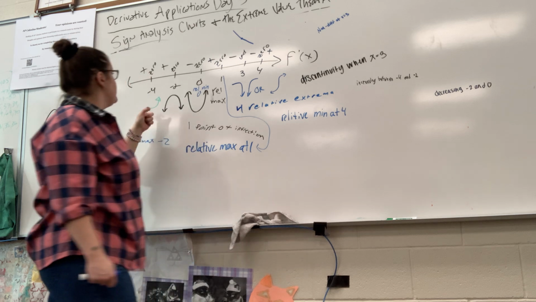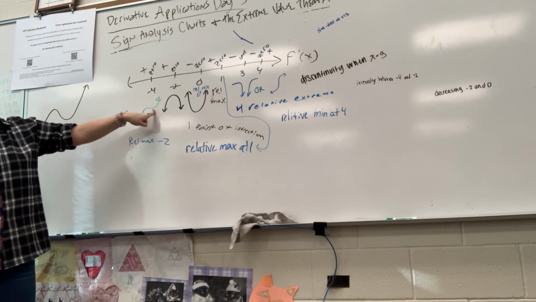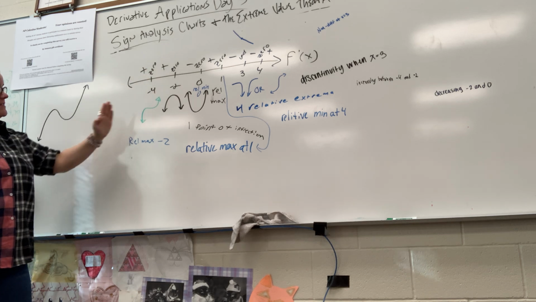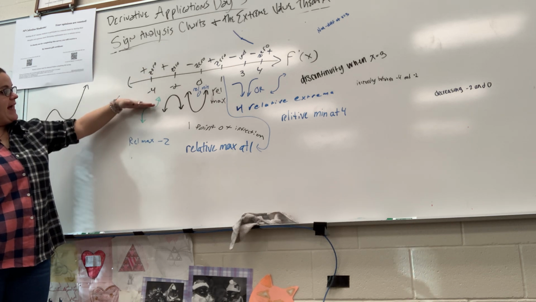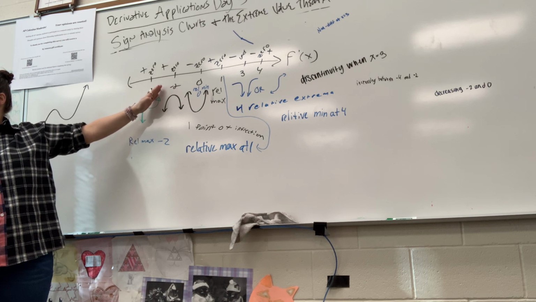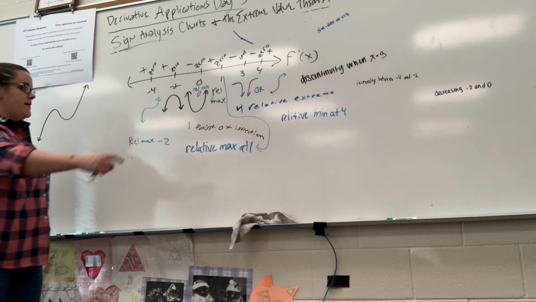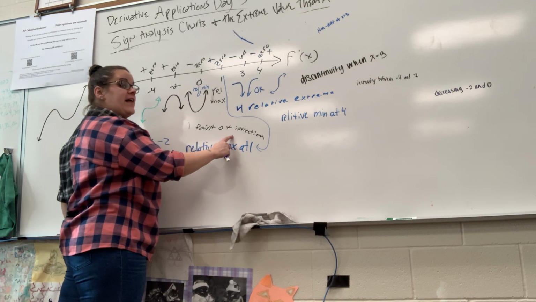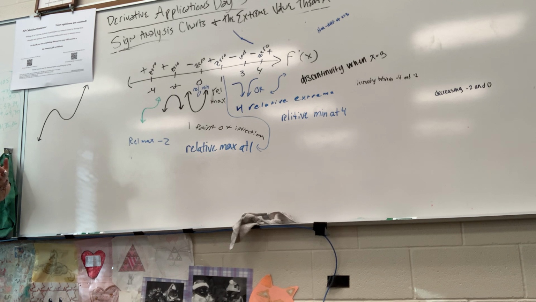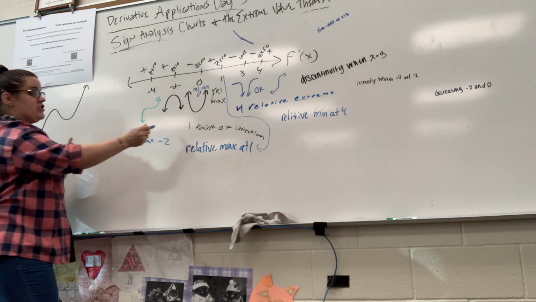This is the only possibility for -4, however. Why? Because it's 0, not undefined. So I know that's the only way for it to go flat but not have an increasing, decreasing change. Okay? This one here, 1 point of inflection, it might be true, right? We know for sure it has at least 1 point of inflection.